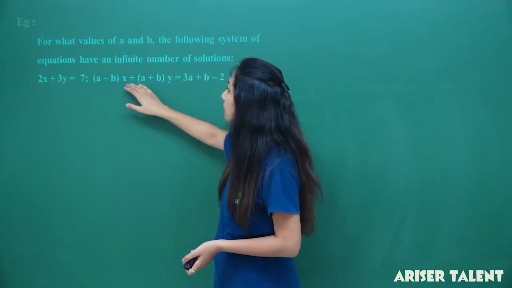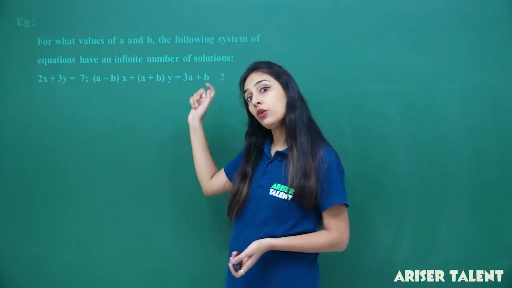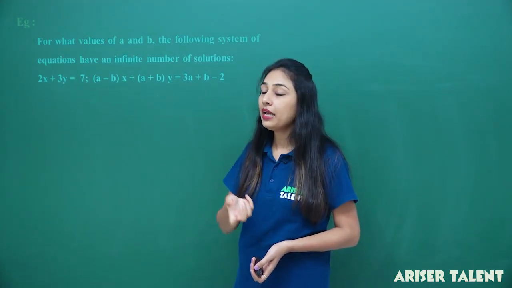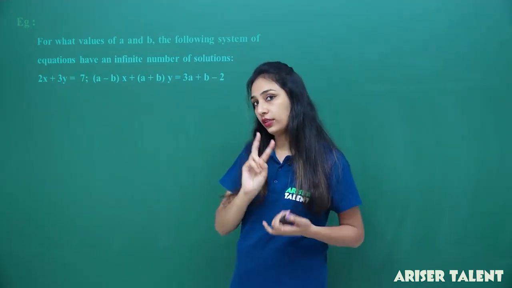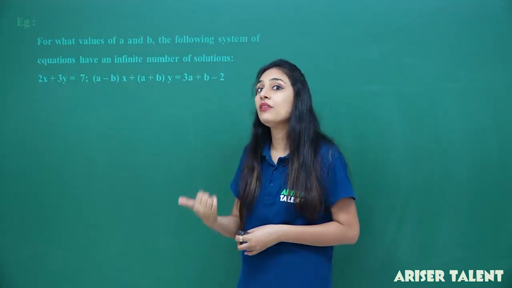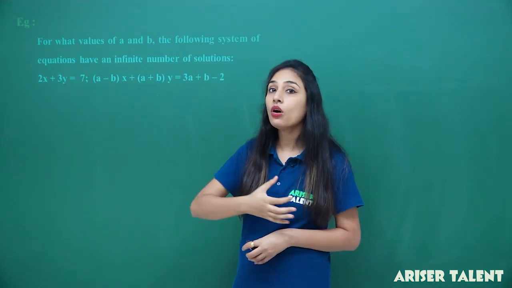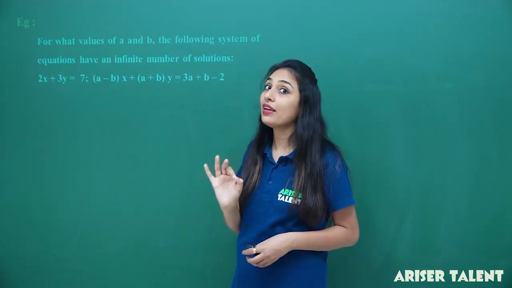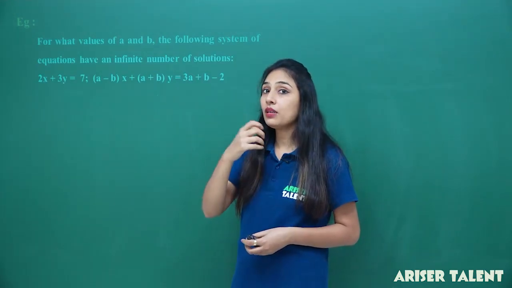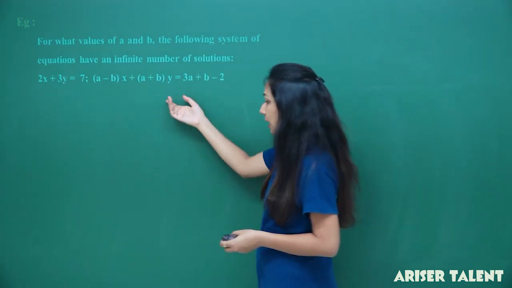I'm going to use these two equations and this condition to find the values of a and b. Variables a and b here are algebraic expressions, and we have to find their actual numerical values.